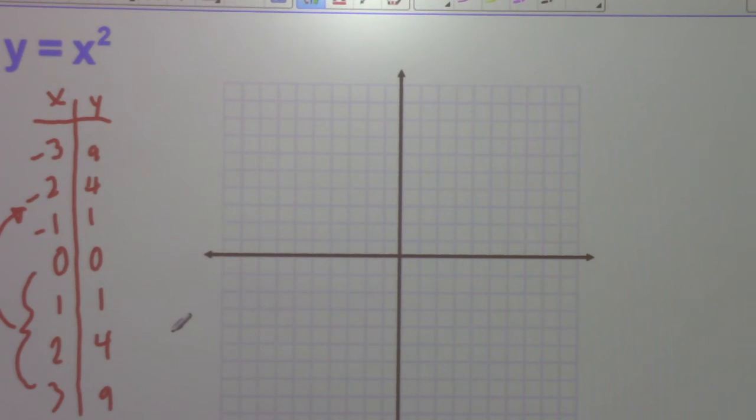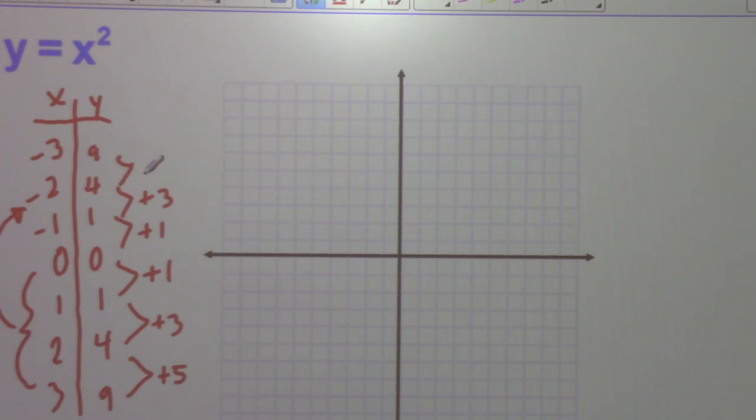Now, there's a certain pattern here. How much did we go up from 0 to 1? 1. How much do we go up from 1 to 4? 3. And how much do we go up from 4 to 9? 5. And similarly, if we go the other direction, we have +1, +3, +5.